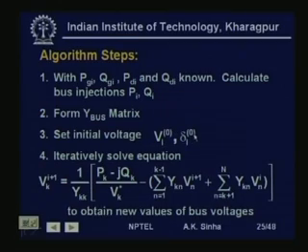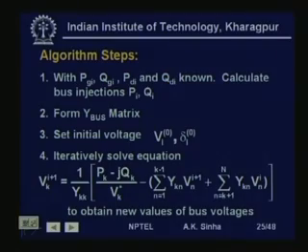As I said earlier, we can choose for PV buses voltages specified, for all other buses a very simple starting solution is that the voltage magnitude is 1 per unit, and since the voltage phase angle is generally not very large, the starting value we choose as 0 degree.